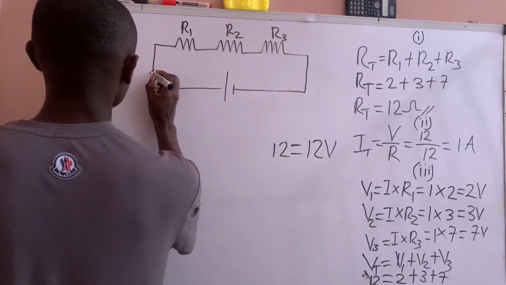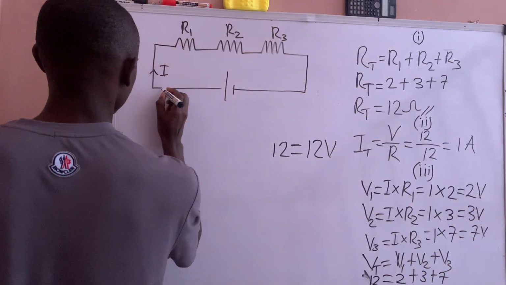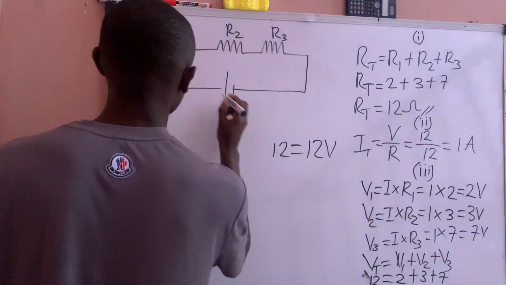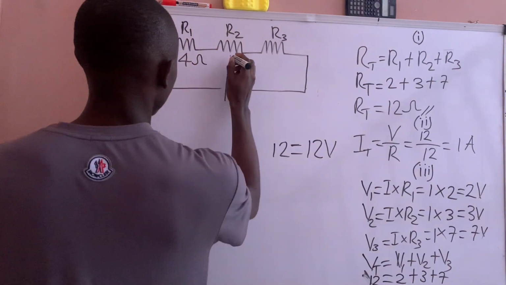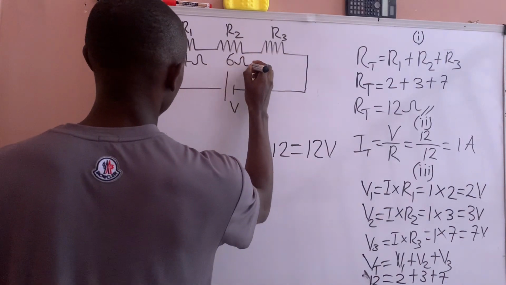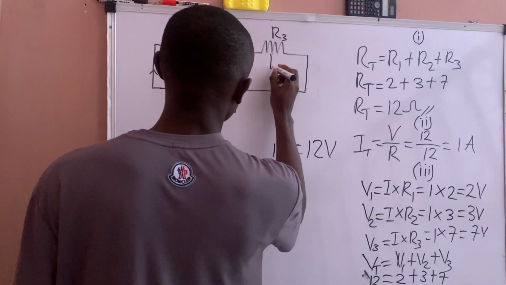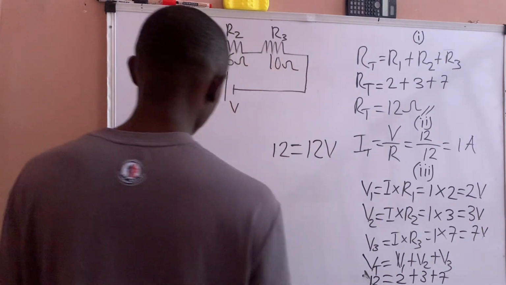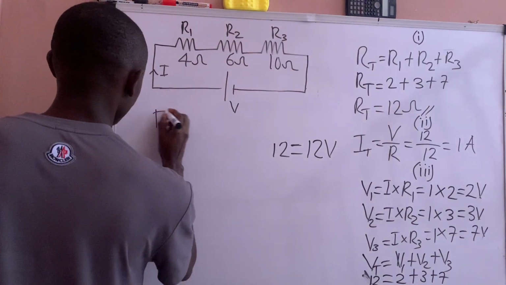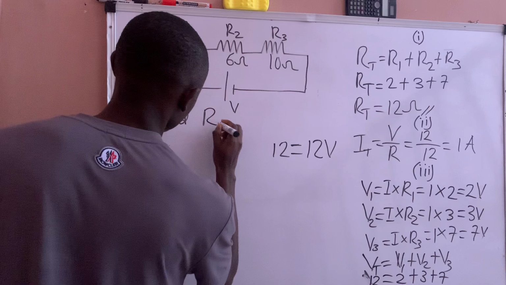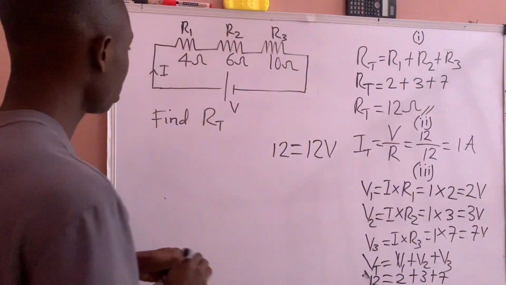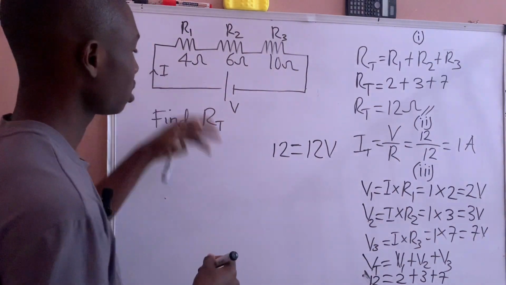And we have our current I, and we have V, and we have a 4 ohms resistor, we have a 6 ohms resistor, and we have a 10 ohms resistor. So we are asked to find RT, which is the total resistance in the circuit.